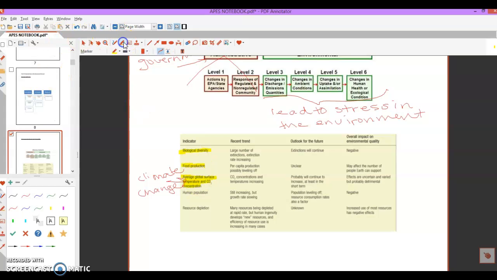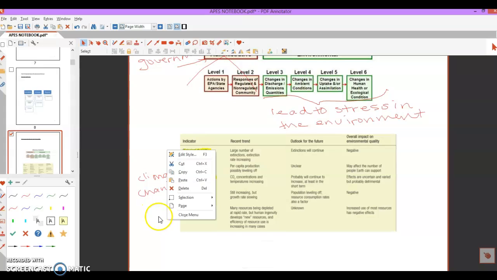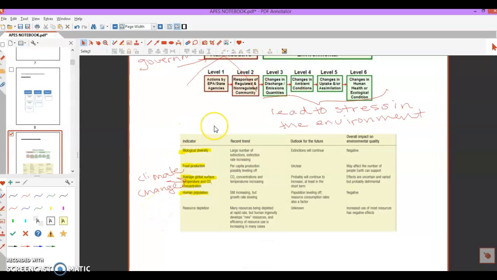So I'm going to go grab my highlighter again. All right. The next is human population, and then we have resource depletion.